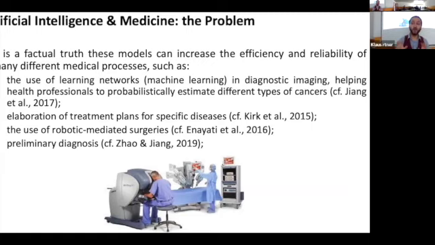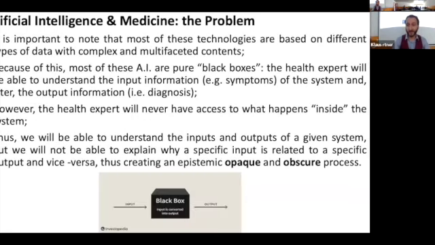So I will make a general case here, but of course we need to look also into the different kinds of AI we are using, because using a deep learning model is very different from using machine learning, for example. Even though they have the same nature, at least for me, they will require different ethical analysis.